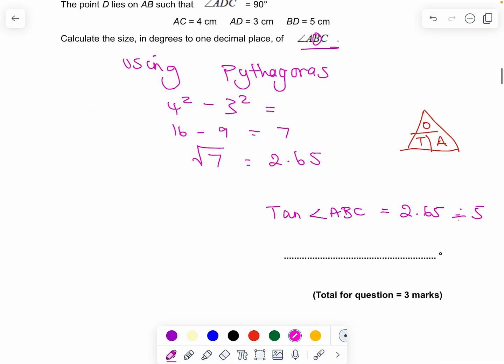Now remember, I've told you in class I wouldn't even bother working out what 2.65 divided by 5 is. I would go straight into the inverse tan. So angle ABC is simply the inverse tan of whatever 2.65 divided by 5 is. And you do that on your calculator and you should get 27.9 degrees.